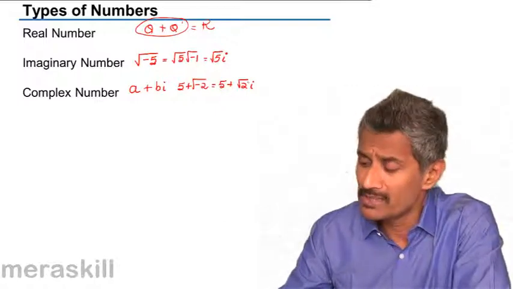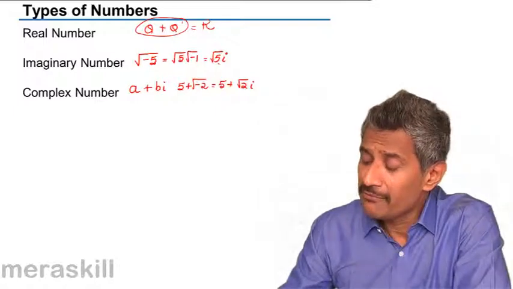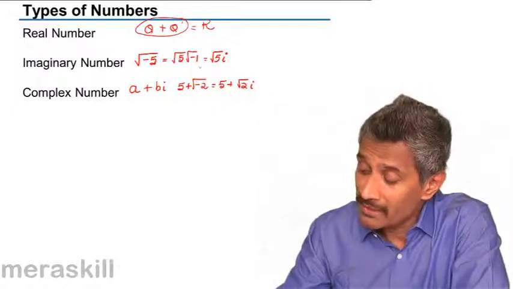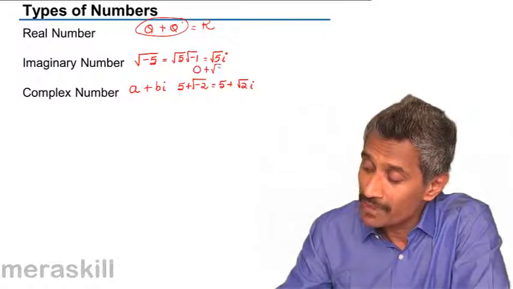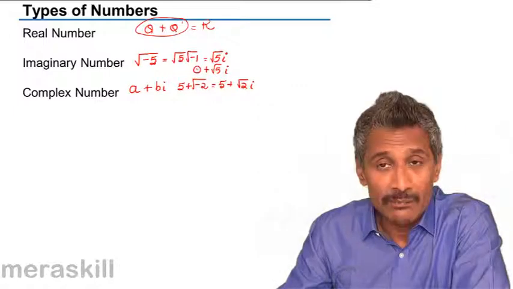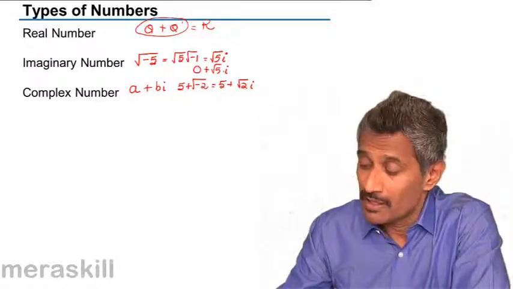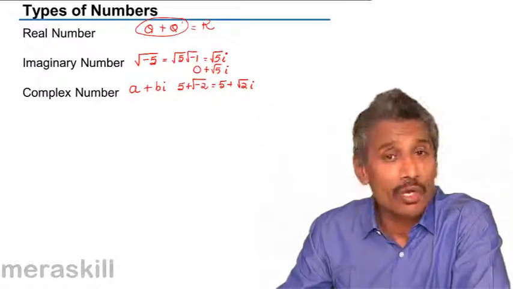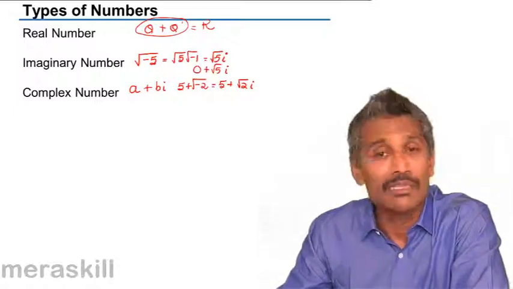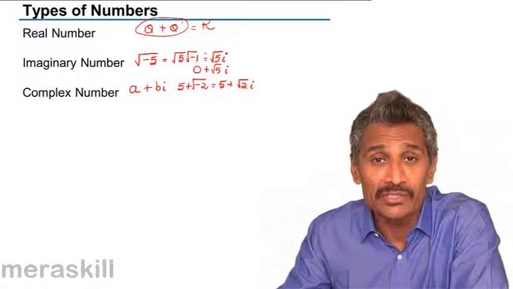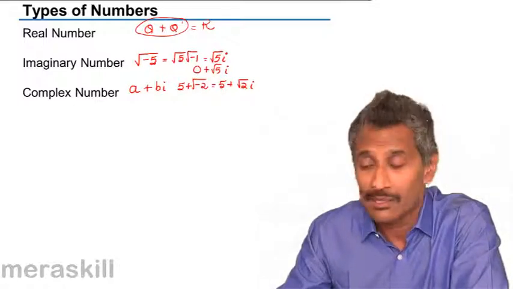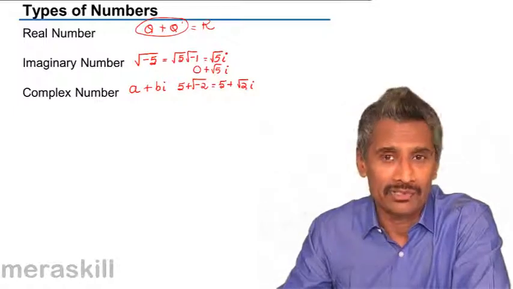In simple words, every imaginary number is a complex number, because root 5i can be written as 0 plus root 5i. So it's a combination of a real part and a non-real part. But every complex number is not an imaginary number, because an imaginary number does not have a real part in it. So a complex number is a combination of a real part and an imaginary part.